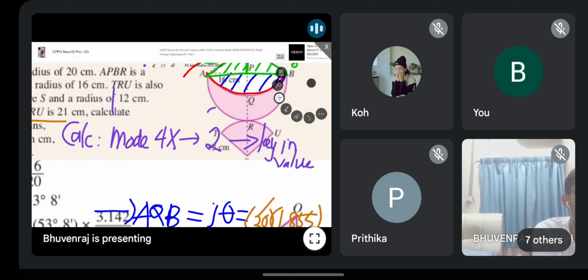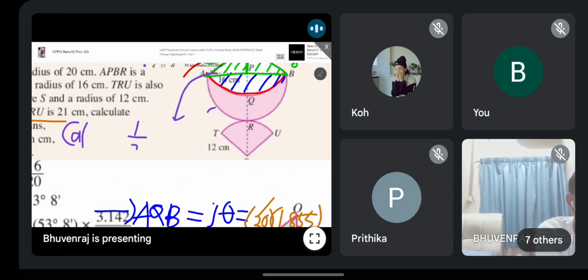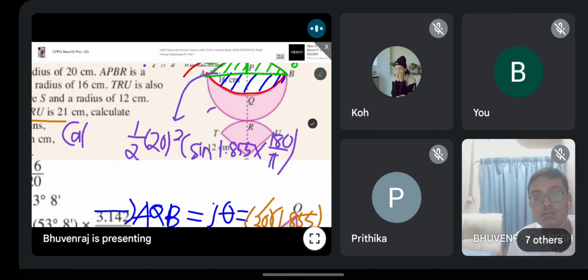So we go back over here. Now you can find your area of shaded region already. This one is half times 20 squared times sine 1.855 times 180 over pi.